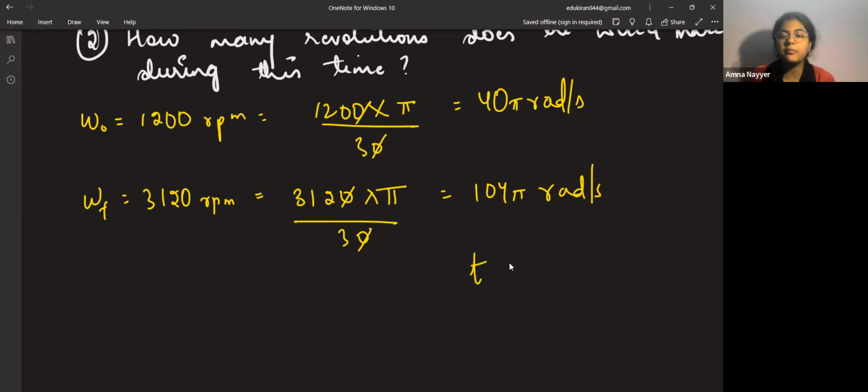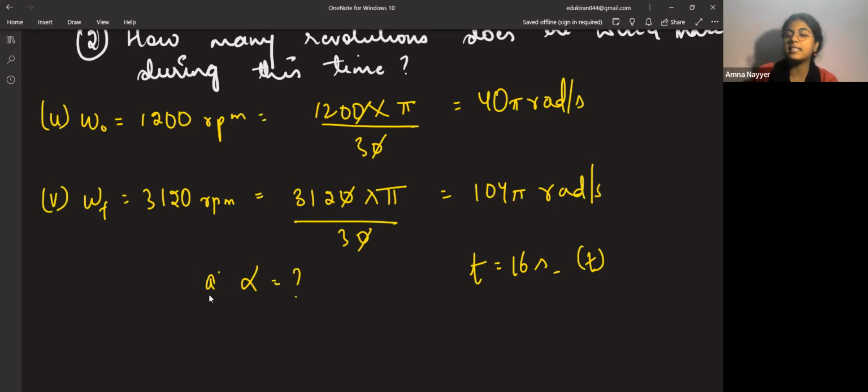You have initial angular velocity and final angular velocity in radian per second. You have time also as 16 seconds. It's like you have initial velocity u, final velocity v, and time t. Here angular acceleration is asked. If you have u, v and t, you can calculate a using the first equation. So here also you will use the first equation only.